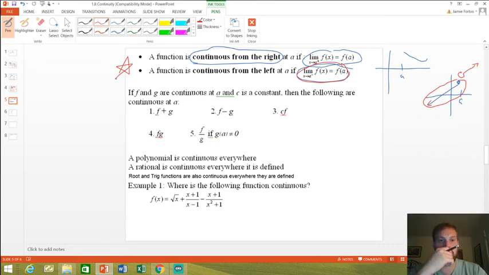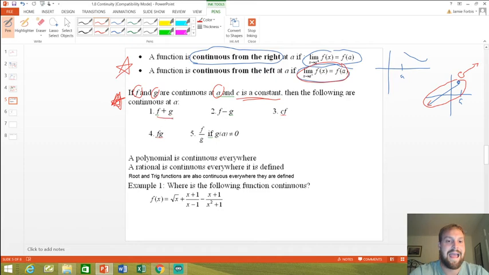All right. Next, it says if f and g are continuous at a and c is just some constant, it's defining c as a constant to make the next statements true, then the following are continuous at a. This is a helpful thing to keep in your notes here. It's saying if you know f and g are continuous at a, then adding the functions together will also be continuous. Subtracting the functions will also be continuous.